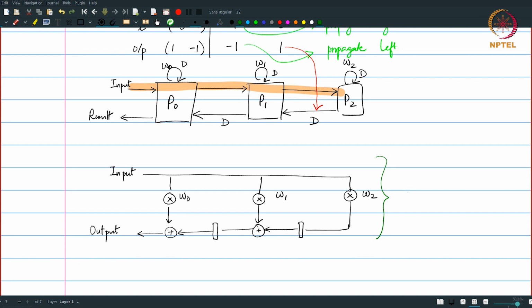Hopefully, you can recognize this as the so-called direct form 2 implementation of the FIR filter, right?